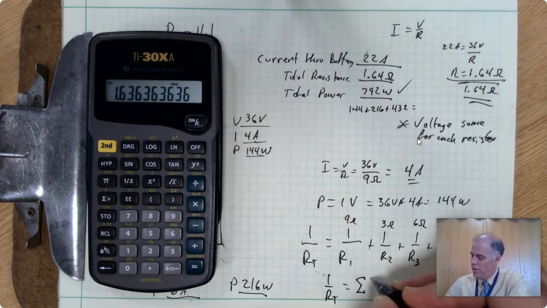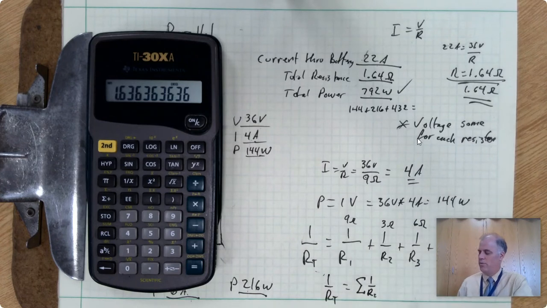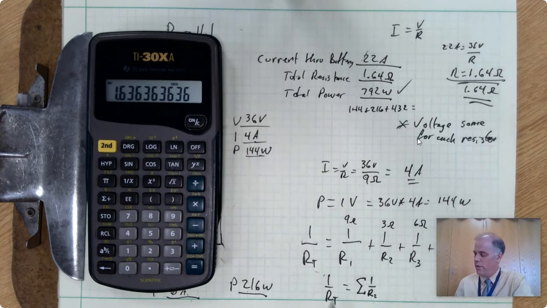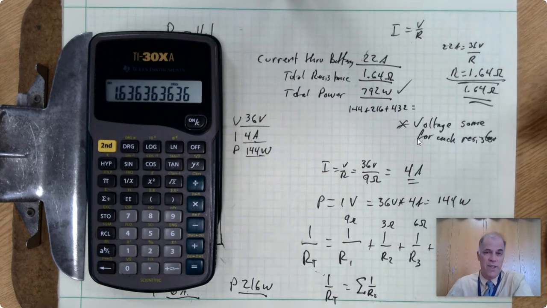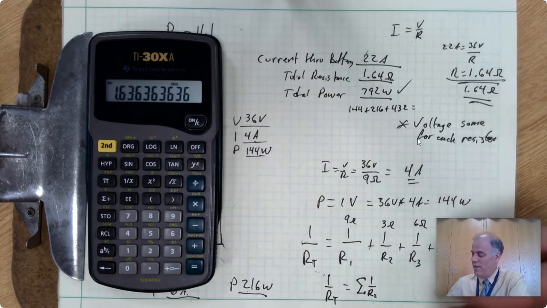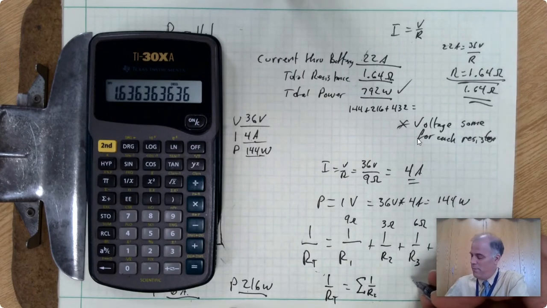So the summation of 1 over R individual, that's a 1 over Ri. That's the way it shows up in the AP guide. So they're just saying to get the inverse of the total resistance, you add up the inverses of all the individual resistances. And for the series, there's a formula for that in the AP guide as well.